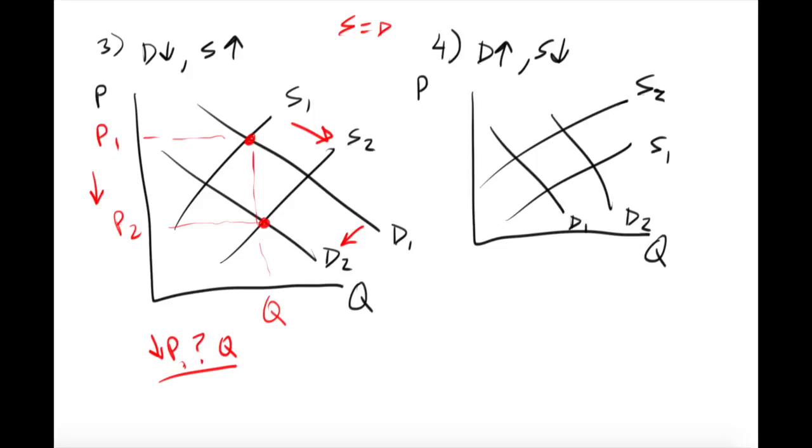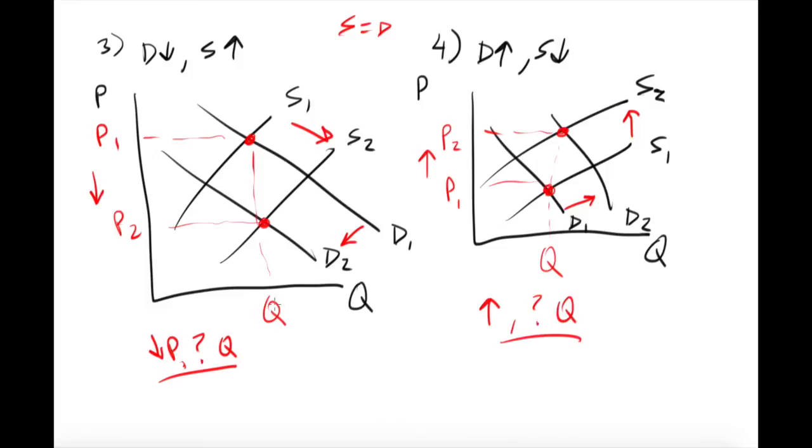And so here, if we look at the direction, we can see where it intersects. Supply 1 intersects demand 1 here. Supply 2 intersects demand 2 here. Again, there's a very ambiguous change in the quantity, however, a very clear change in the price. And so here we see that the price goes up, however, there's an ambiguous change in the quantity.